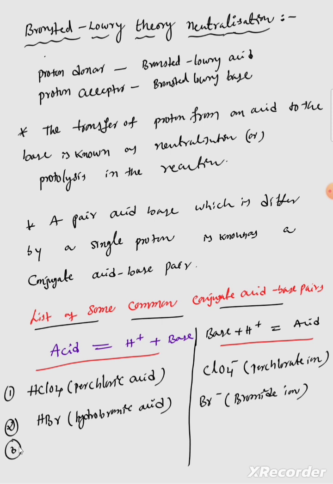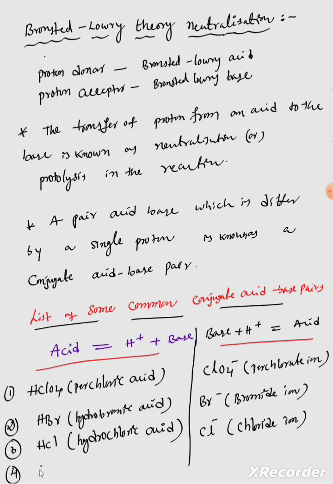Next, HCl, which we already discussed, is hydrochloric acid. Cl minus is the chloride ion. The acid becomes its conjugate base. Cl minus is the conjugate base of HCl.